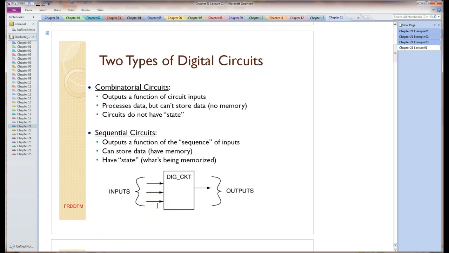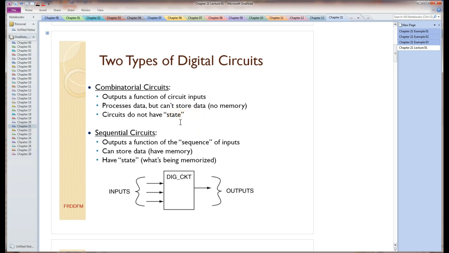Okay, so a little bit of review first. There are two types of digital circuits out there: combinatorial circuits and sequential circuits. Combinatorial circuits are what we've been working with for most of the course. Latches were our first sequential circuit. In combinatorial circuits, the outputs are a direct function of the inputs. They are said to have no state, no memory, as opposed to sequential circuits, which have memory.